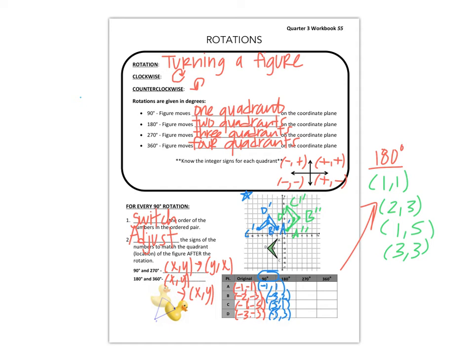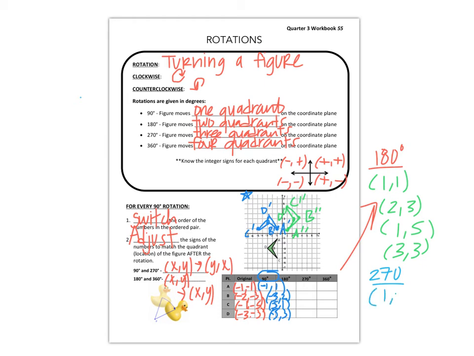Okay, now let's do 270. So 270 is like 90, except again, we have to adjust the signs. So 90, 180, 270. So we're quadrant 4, positive x's, negative y's. So you can look back at the original.